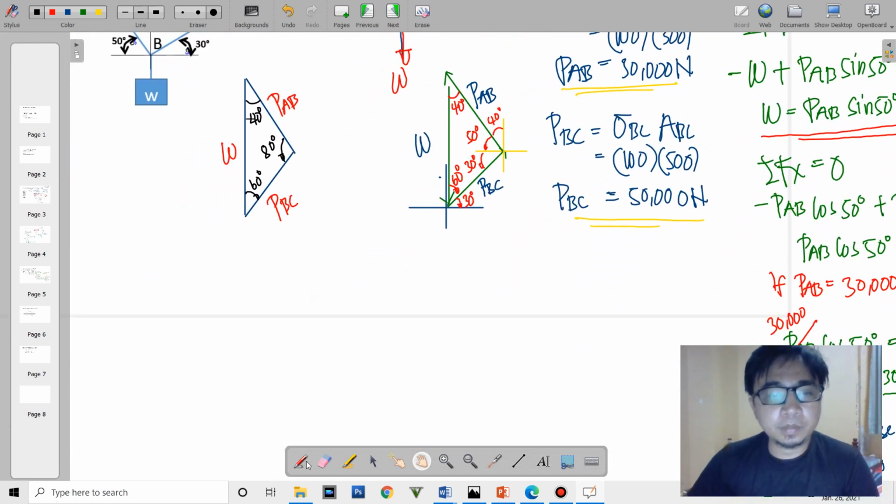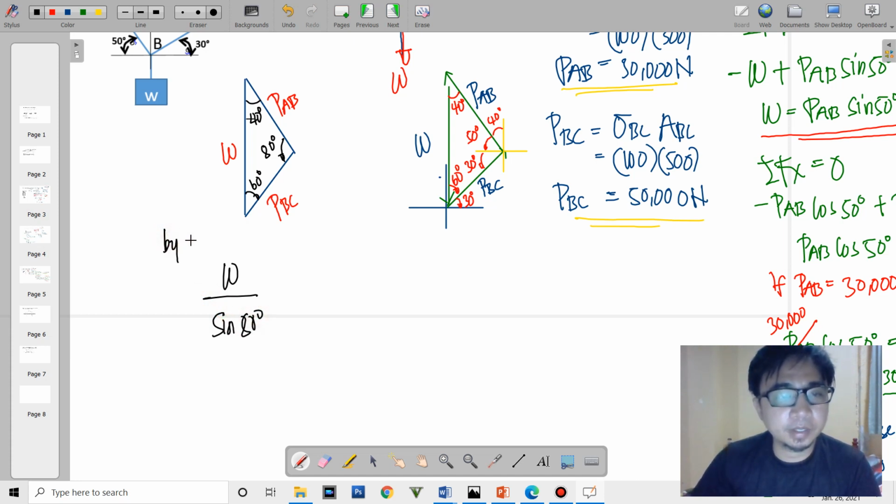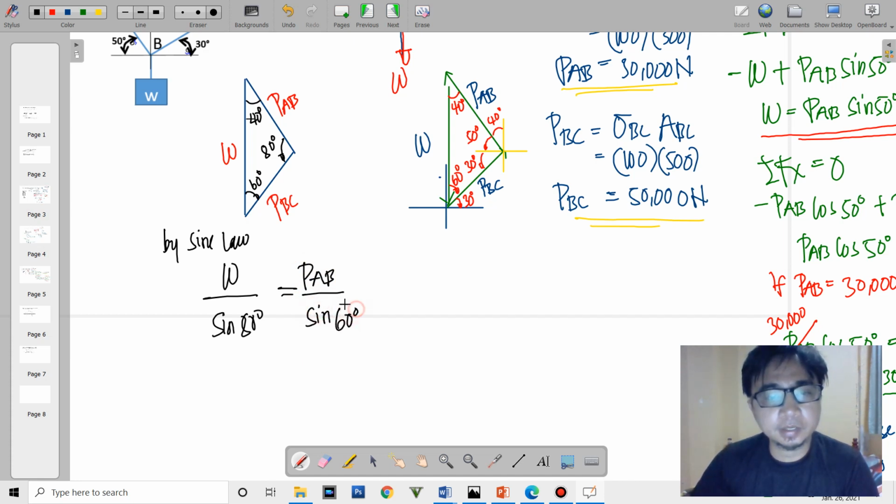So we can now apply sine law. W is to sine of 80 degrees, by sine law, is equal to PAB is to sine of 60 degrees.